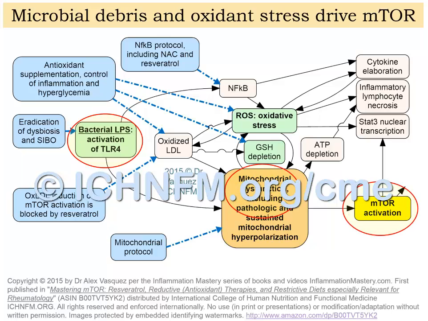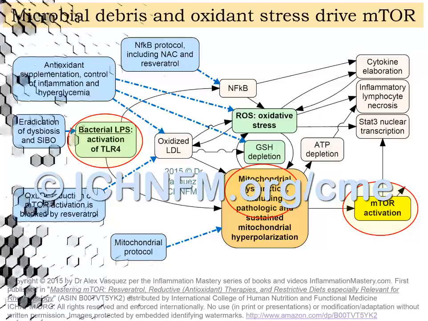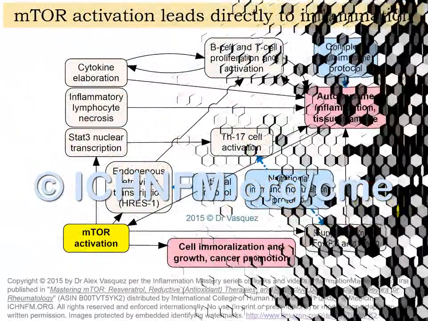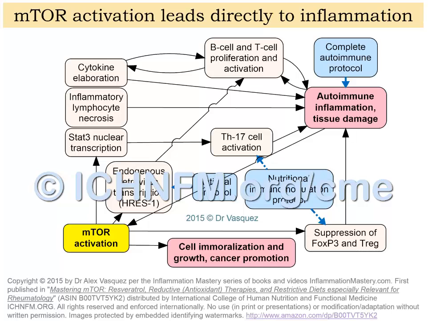So as we go on to the next slide and you see the effects of mTOR activation, you'll see how you can connect bacteria with chronic inflammation and autoimmunity, for example. So we go from bacteria to mitochondrial dysfunction and mTOR activation. And then on the next slide, we see how mTOR activation can cause chronic inflammatory disease.